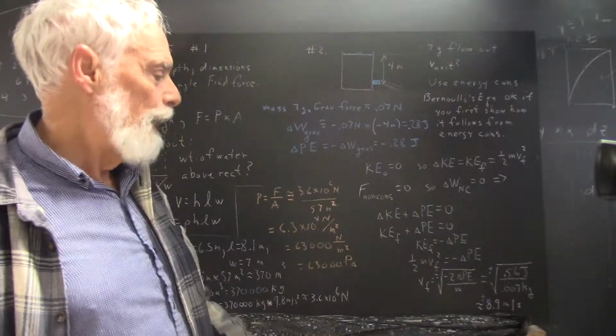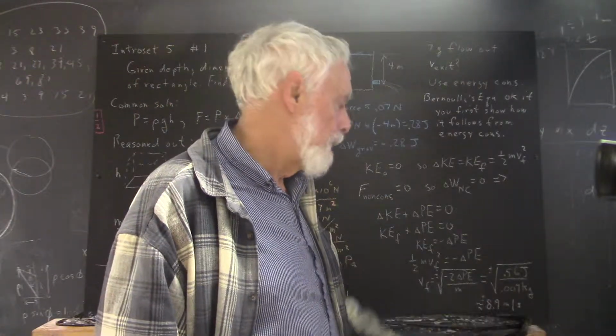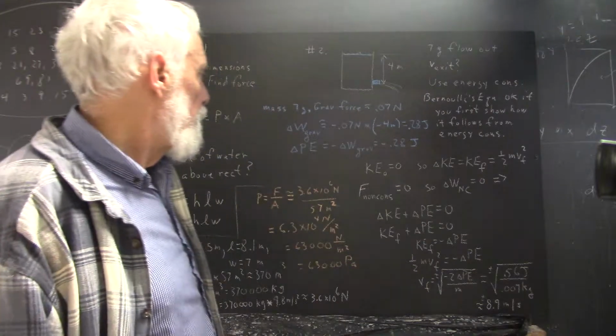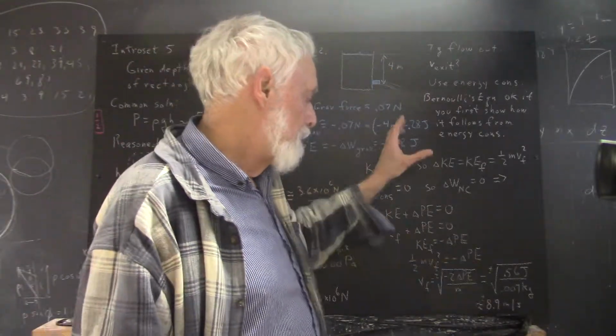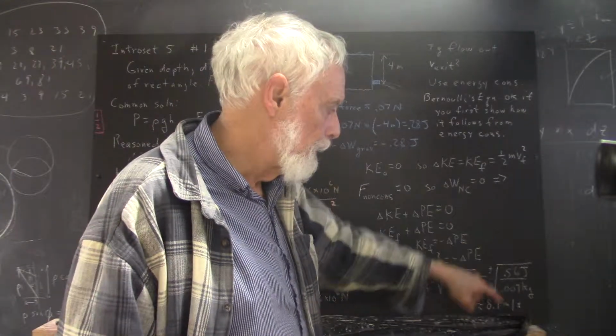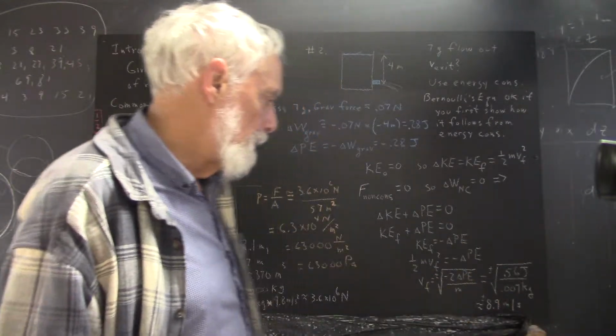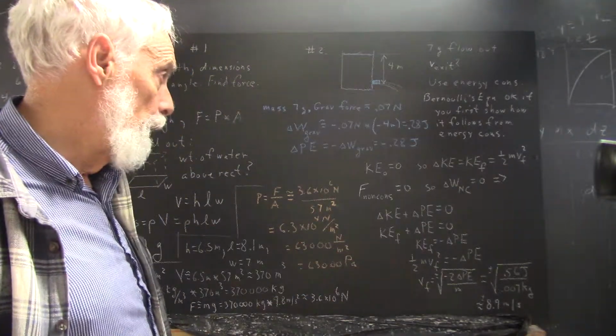The square root of 80 is between 8 and 9 and much closer to 9. It rounds off to 8.9. Now, if you use your 9.8 meters per second squared up here and do a little more precise calculation, that'll change this just a little bit, and you might end up with an 8.8, even an 8.7, but I don't think it would go that far.